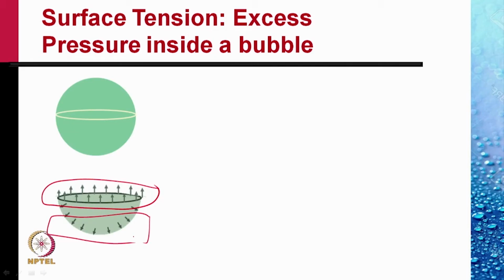A bubble would have two sides of the surface. One, the outside, in contact with the outside air, and one inside, in contact with the inside air. So total surface tension force would be sigma times 2 times 2 pi r.